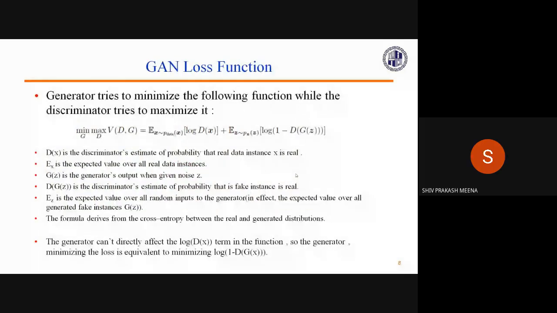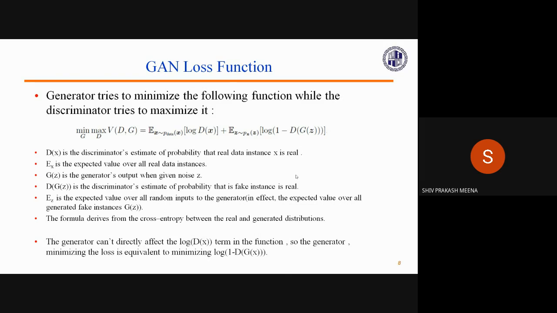Okay, here we will see our loss function, how our GAN works in the backside of the model. Here is our GAN loss function. This is a loss function, or we can say a value function.